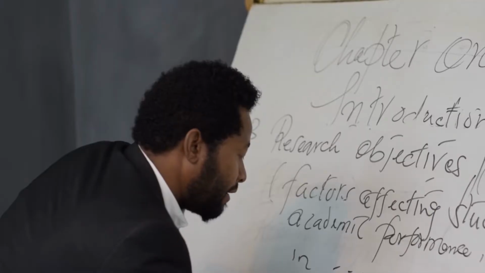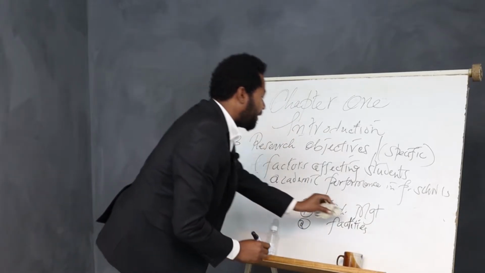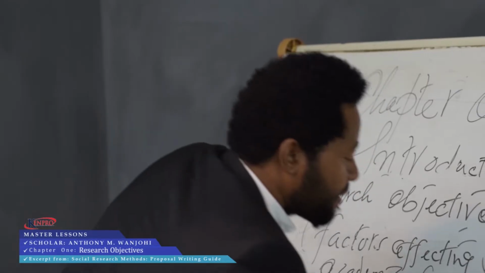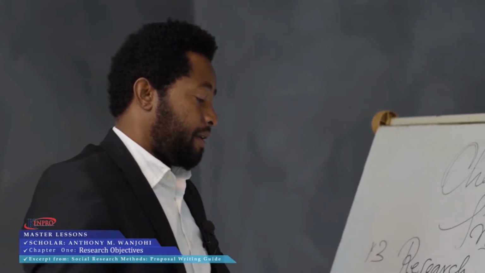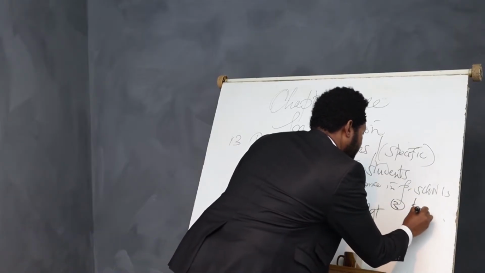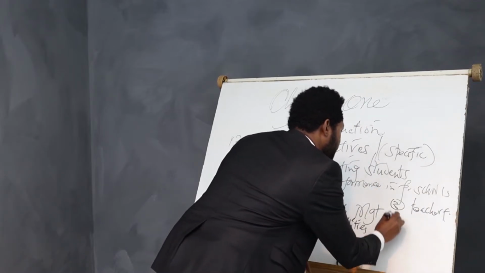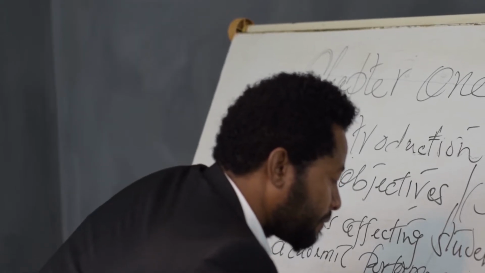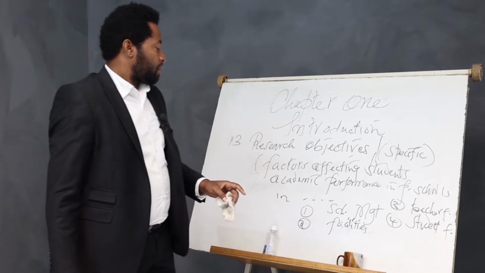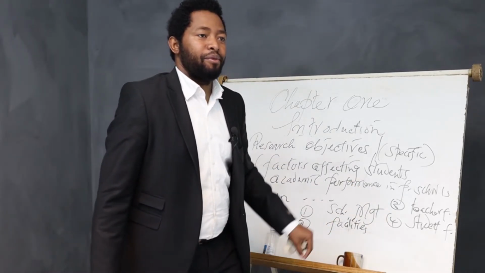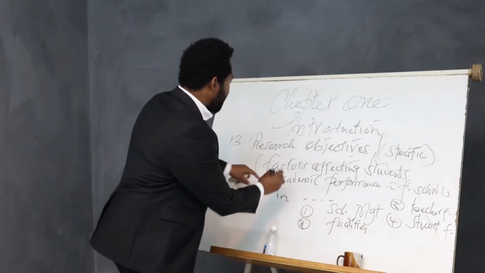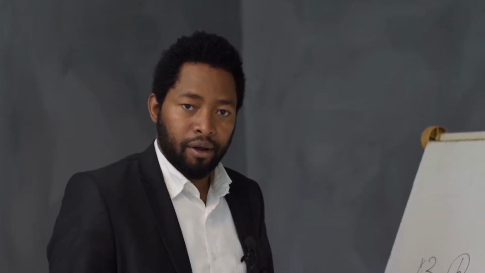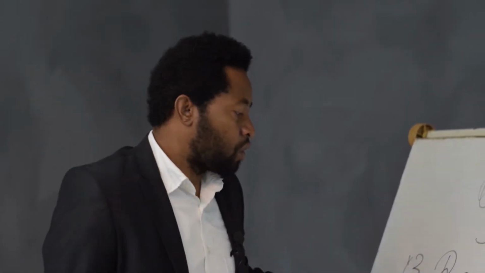Three, maybe teacher factor, and four, maybe student factor. These are parameters, these are variables, these are key concepts that are born from here. These are what we treat as independent variables, but I'll be coming to that. But these are the answers to the general question, which is, what are the factors?